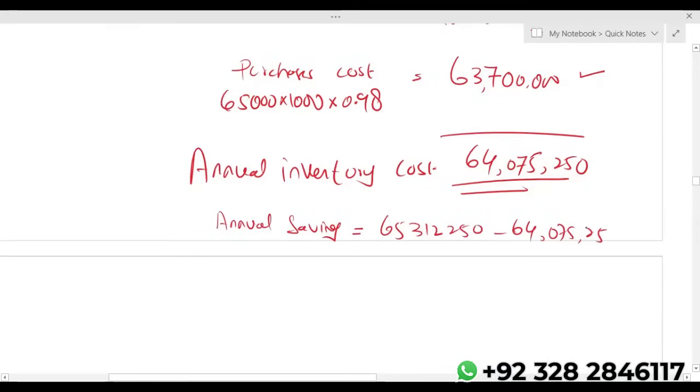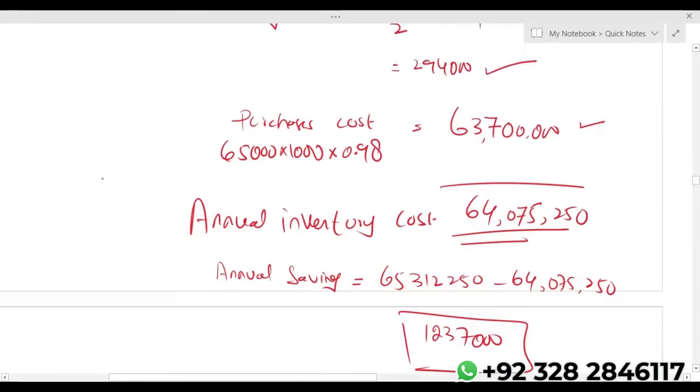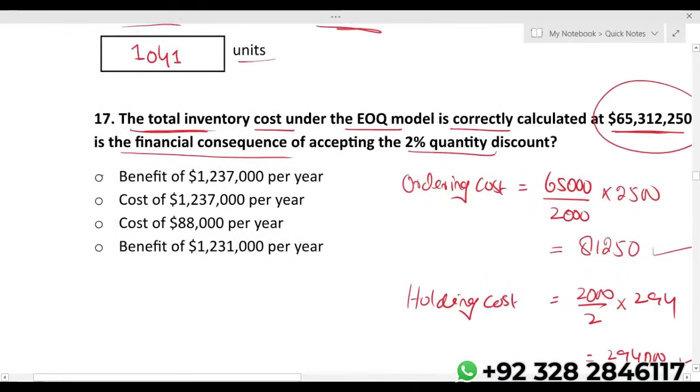Let's see the annual saving. Students, we are getting an annual saving of 1,237,000. So by getting a discount of 2%, we are having annual saving. Number one, there's a benefit per year. So by getting the discount, we are having a benefit.